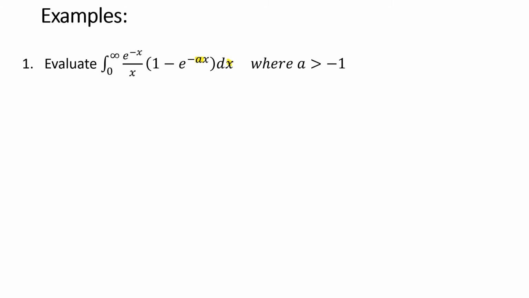Okay, and the third thing here, limits are given as 0 to infinity, which are constant. So with this we will decide that we have to apply rule 1, that is DUIS rule 1. So to solve this particular integration, we will apply differentiation under integral sign method rule 1.